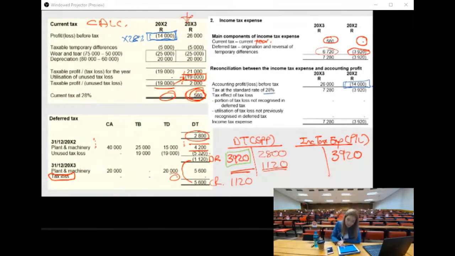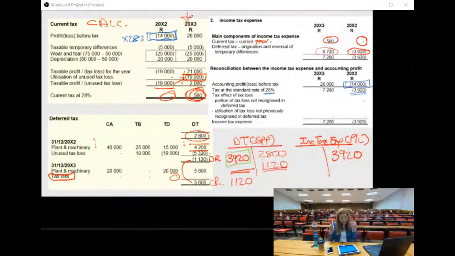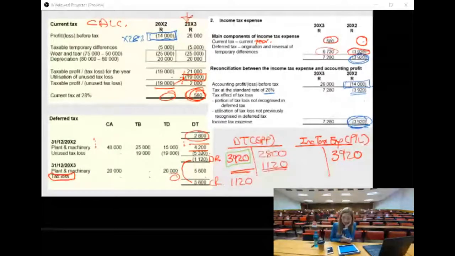If we multiply that with 28%, we get 3920 as my income tax income, which we're not allowed to recognize for current tax, but we're allowed to do that with deferred tax. And because we could recognize the full unused tax loss, we don't have any reconciling items. That is the total of my income tax expense for the year. Okay.